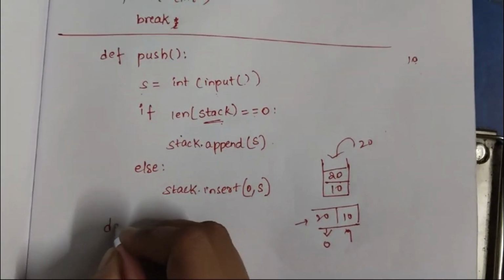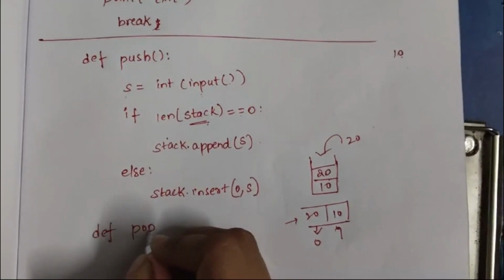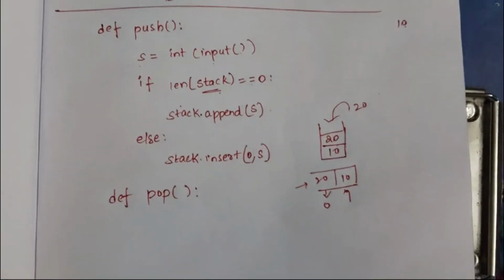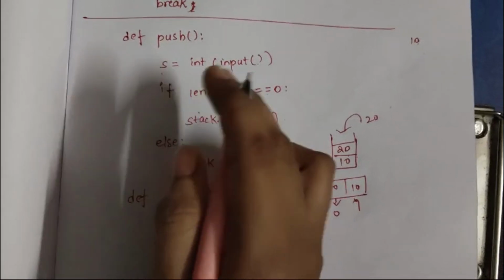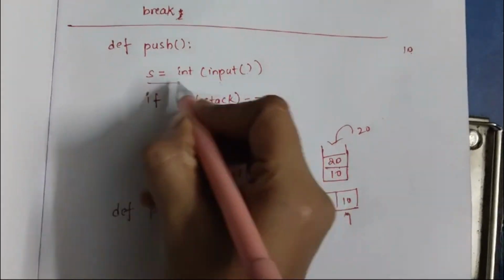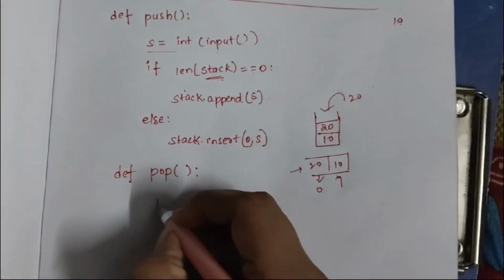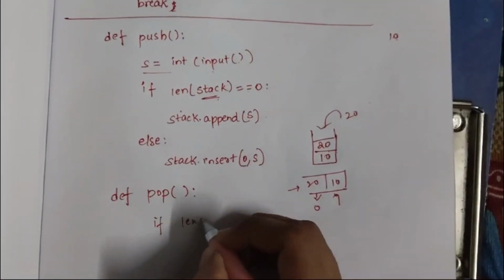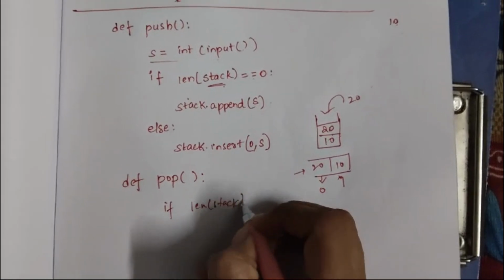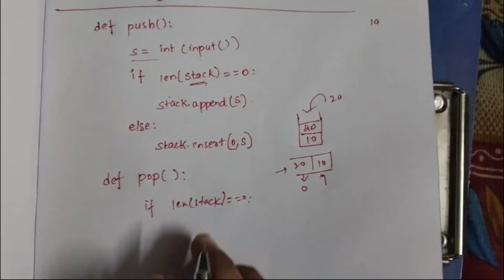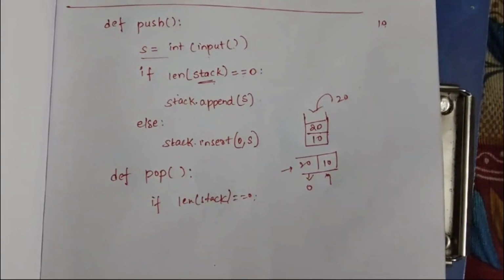Next one is the pop function. You declared the stack globally, so any function can access this. Similarly, if the length of the stack is equal to 0, then what does it need to do?